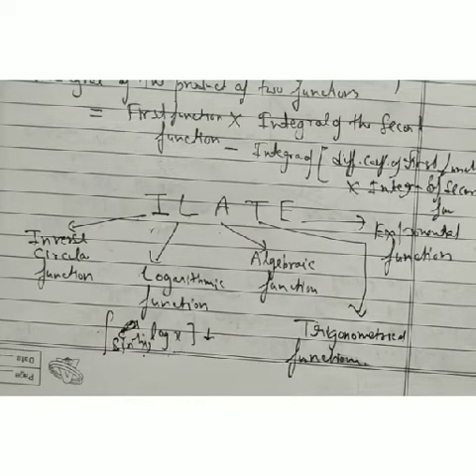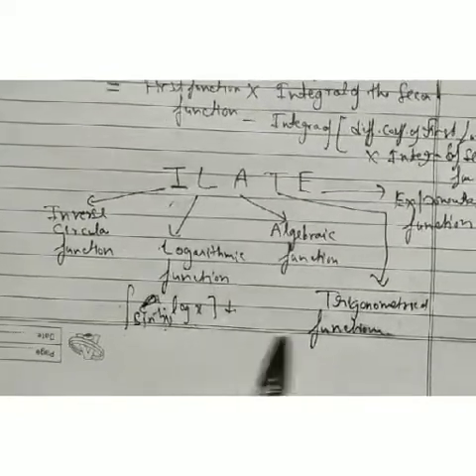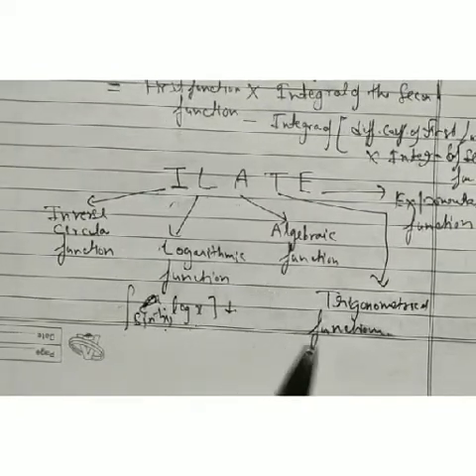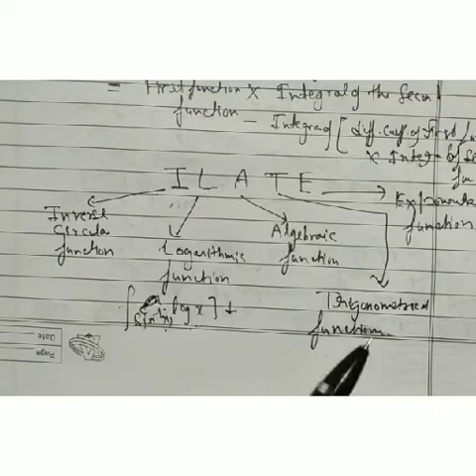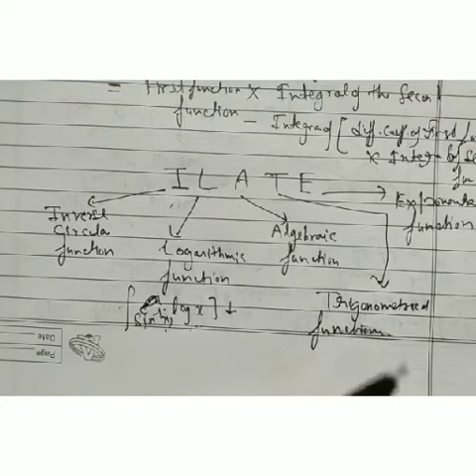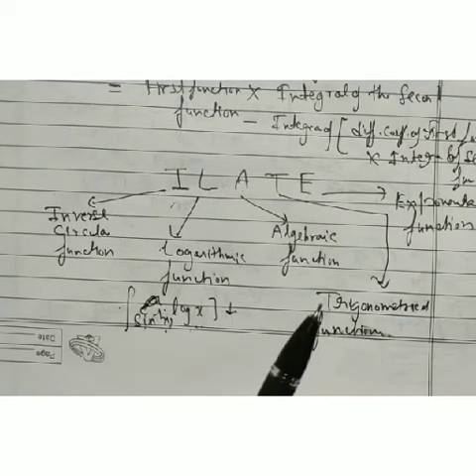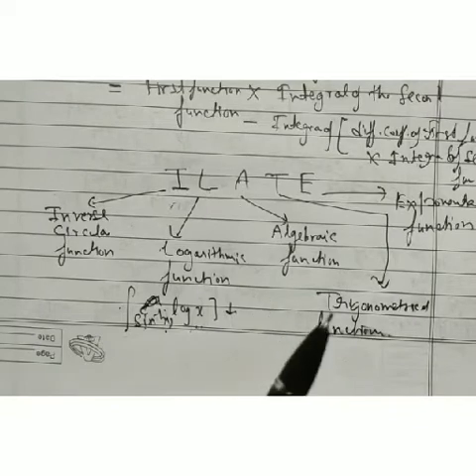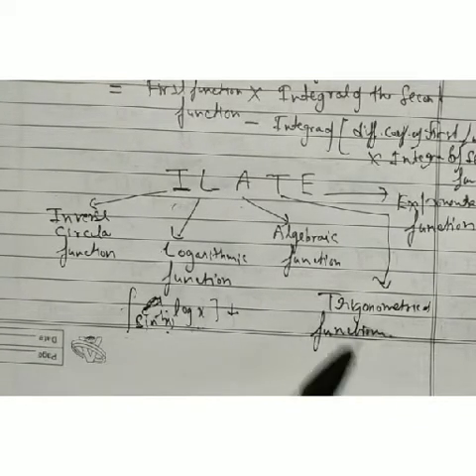If both functions are trigonometric functions, then we take as second function the one whose integral is simple. If both functions are algebraic, take as first function the one whose coefficient is simple.